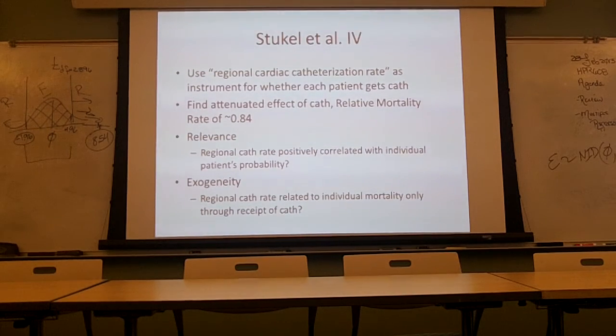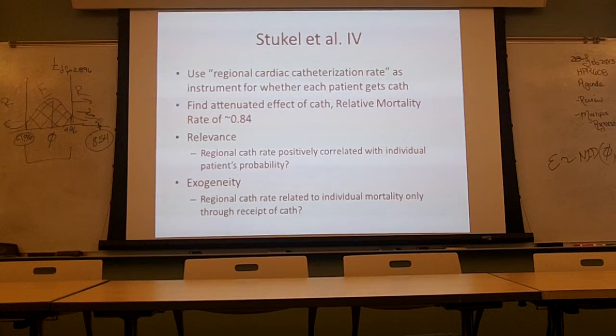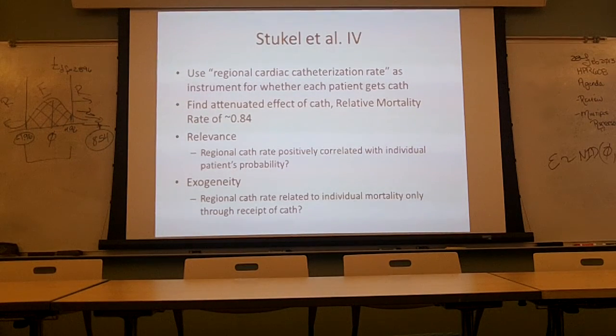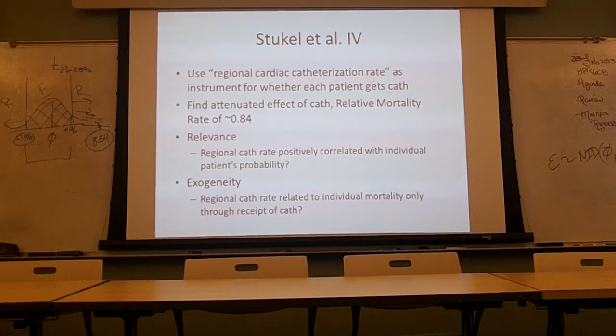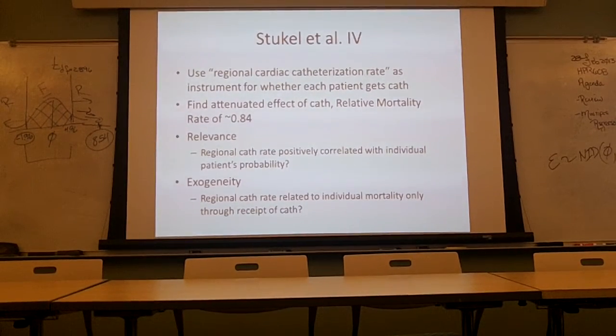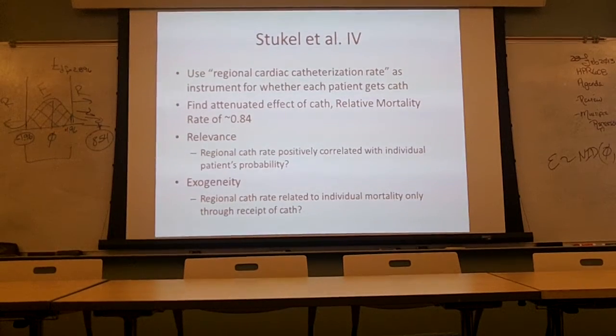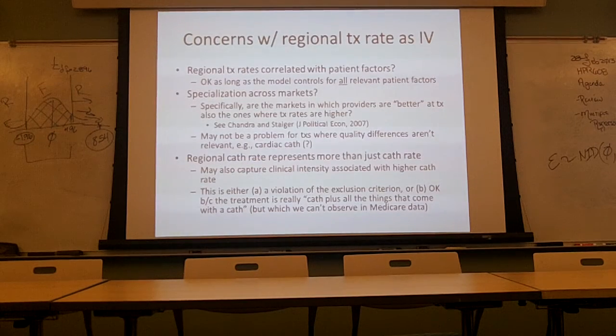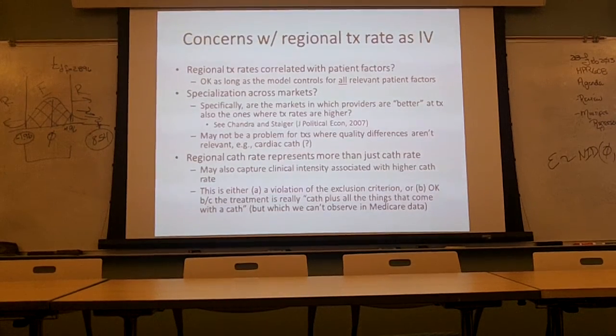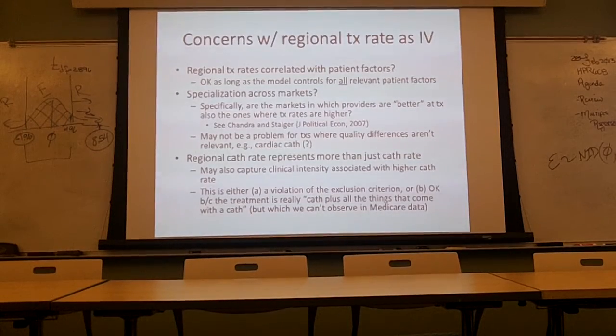Is the regional cath rate related to individual mortality only through the receipt of cardiac catheterization? Are there potential other mechanisms that might be working, or maybe, is it possible that the cath rate actually has a direct effect on outcomes as well? So there are some concerns with the regional treatment rate as an instrument for whether you got cardiac cath or not.